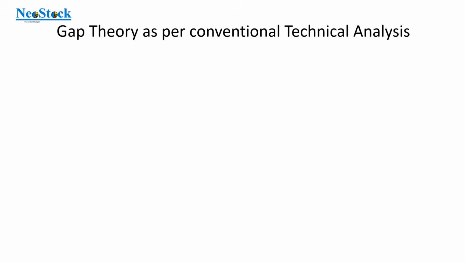Let us understand the meaning of gap as per conventional technical analysis, that is our olden days technical analysis concepts. Please look into these two candles. Let us say this is the most recent candle and this candle is the previous candle. When you compare the previous candle and the recent candle, did you observe a gap between these two candles?